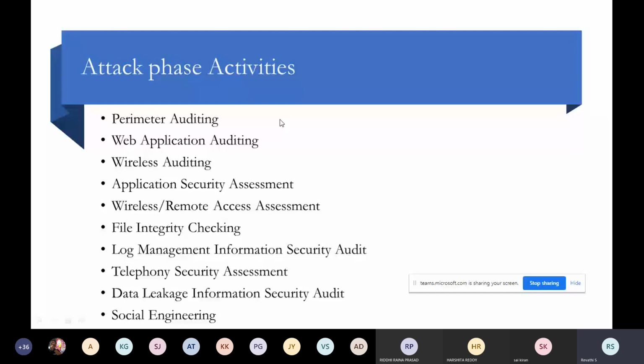In this perimeter auditing, the auditor who is going to perform the auditing work will be sitting in the outside world, trying to access all the assets of the organization which are inside the private network. Assets of the organization may be information, files, a system, or anything.